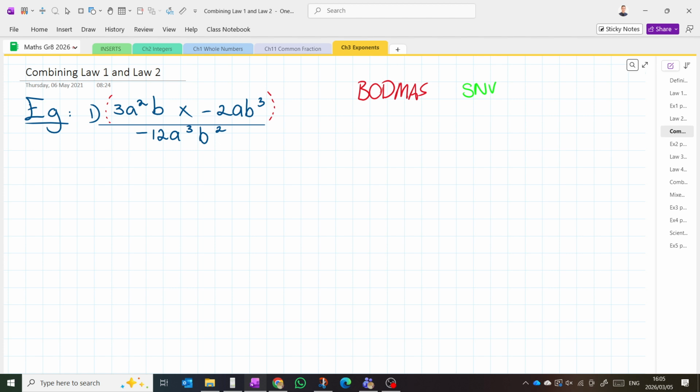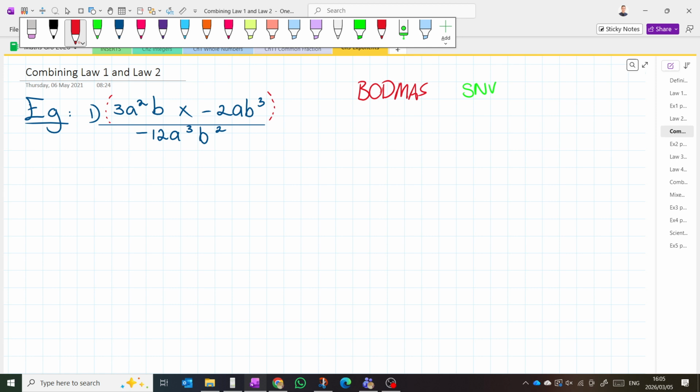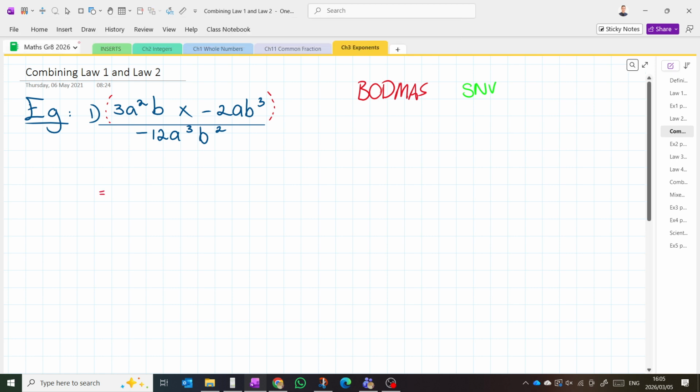So that means I'm only going to look at my numerator for now. So my denominator remains unchanged. So for now, I'm just going to rewrite my denominator as it is and draw my division line.